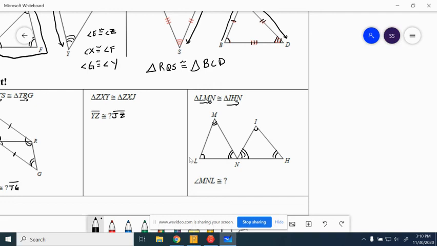So let's look at what we have here. We have the angle MNL. That's the same thing as angle, so they can't label this as just angle N because you wouldn't know which one we're talking about, okay? But angle MNL is referring to this one here, okay? So which angle is congruent to that one?